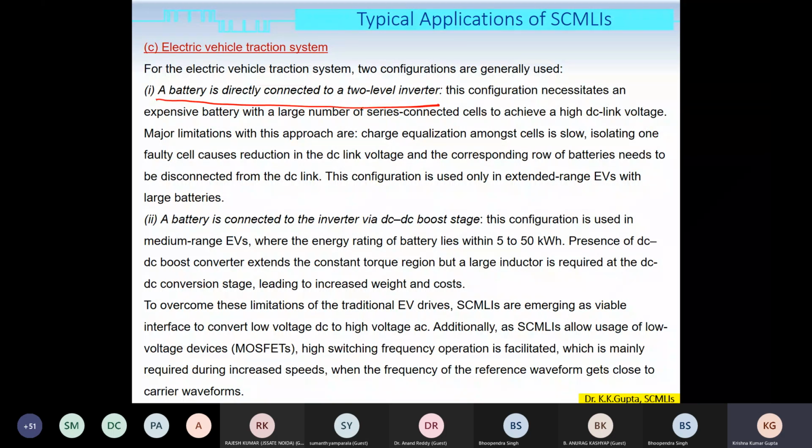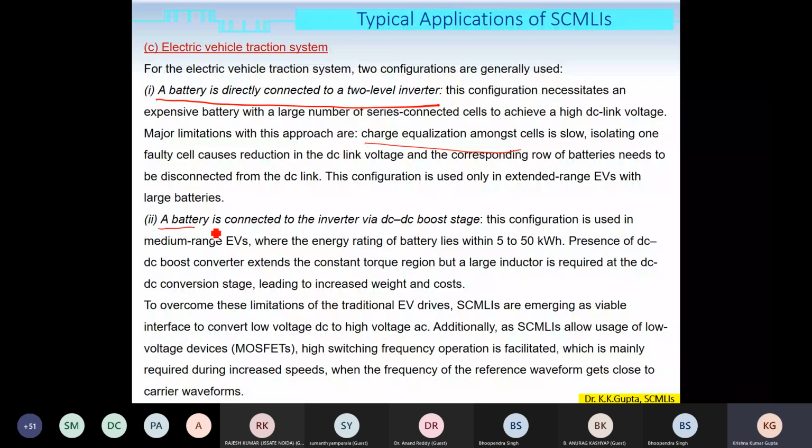But in this case, you need a high DC link voltage, right? So you have to make a series connection of the batteries. This is actually problematic because the equalization of charge is challenging in series connection. And if there is any fault in any cell, then you have to dismantle the whole string to repair it.